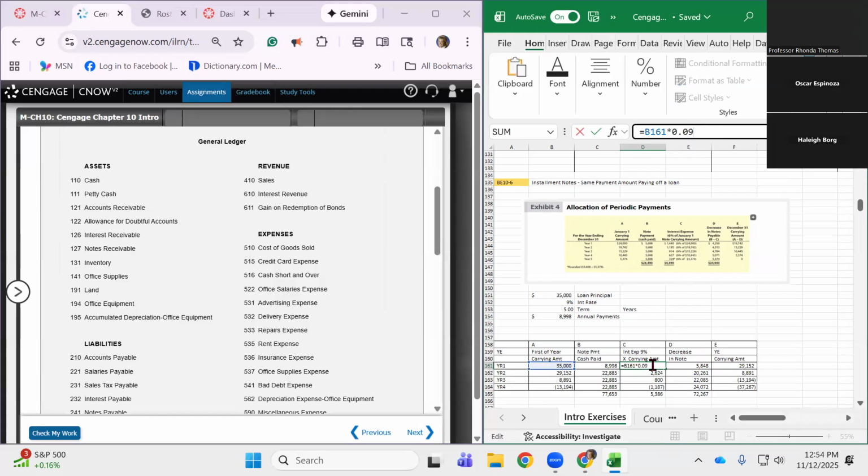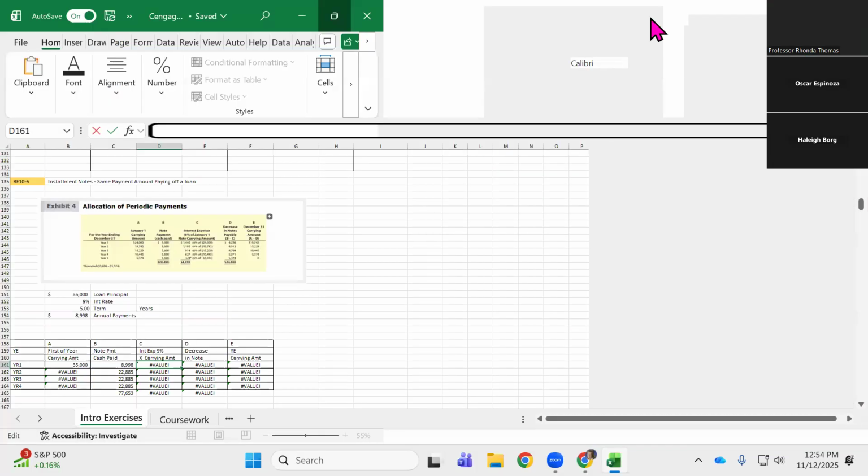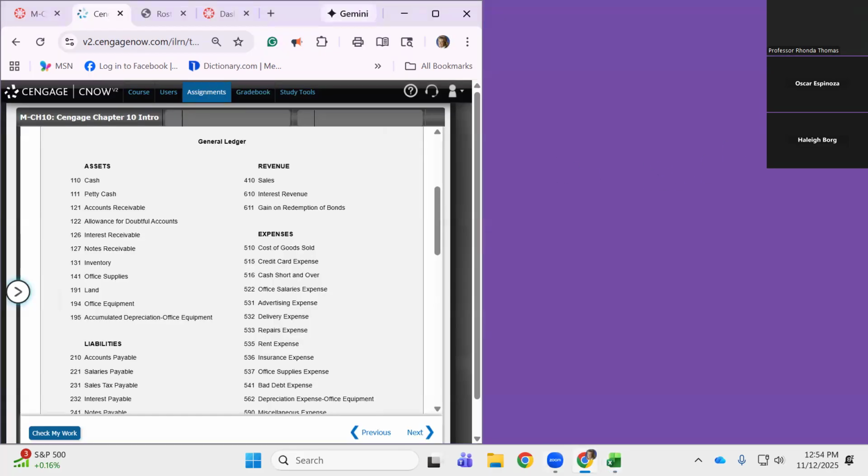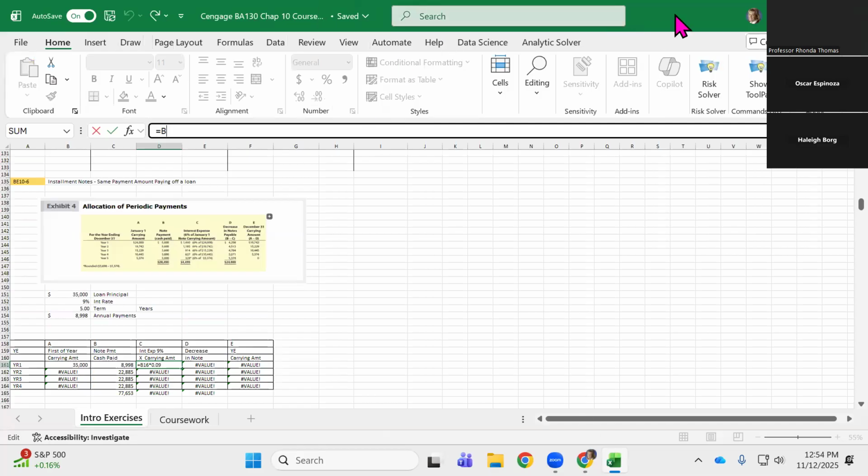The first interest amount should be 35,000 times 9% times 0.09. Uh-oh, didn't like that. Sorry about that. Okay, let me go back. Hold on. I messed up my little table. Darn it. That's okay. We'll get it back.